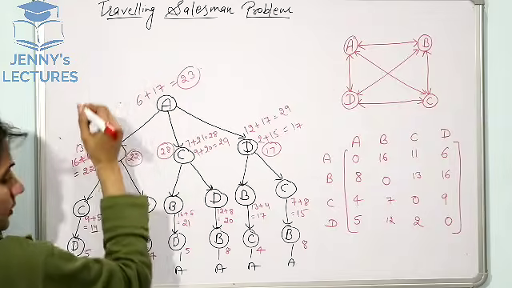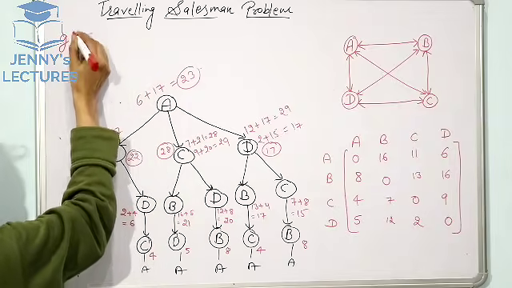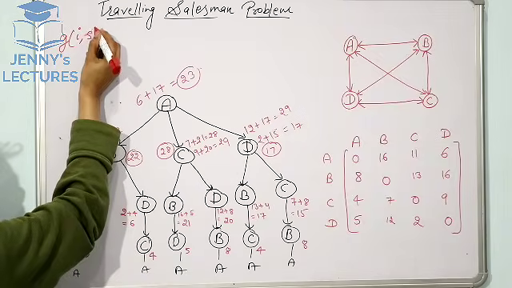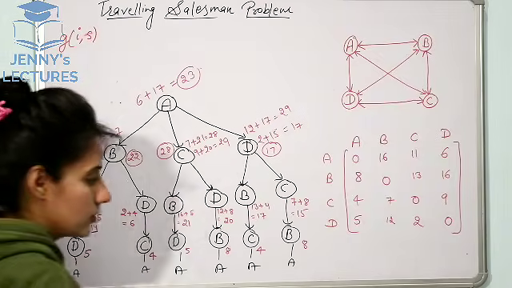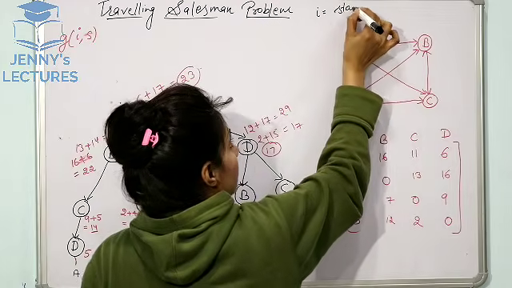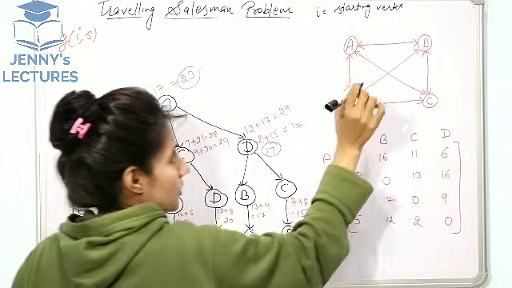suppose the function I am taking, that is the cost function, is G, and here I and one variable is S. Here I is the starting vertex. I am taking I as a starting vertex. Okay.